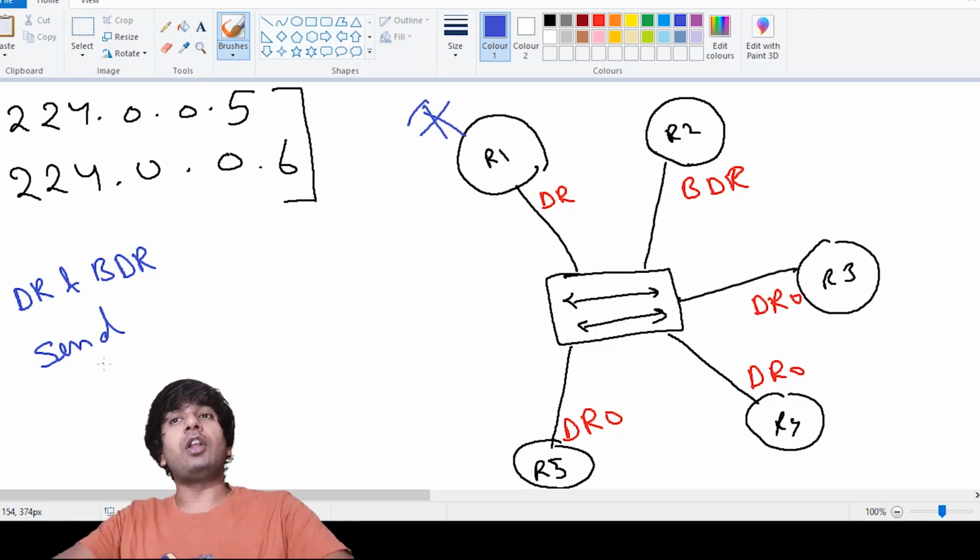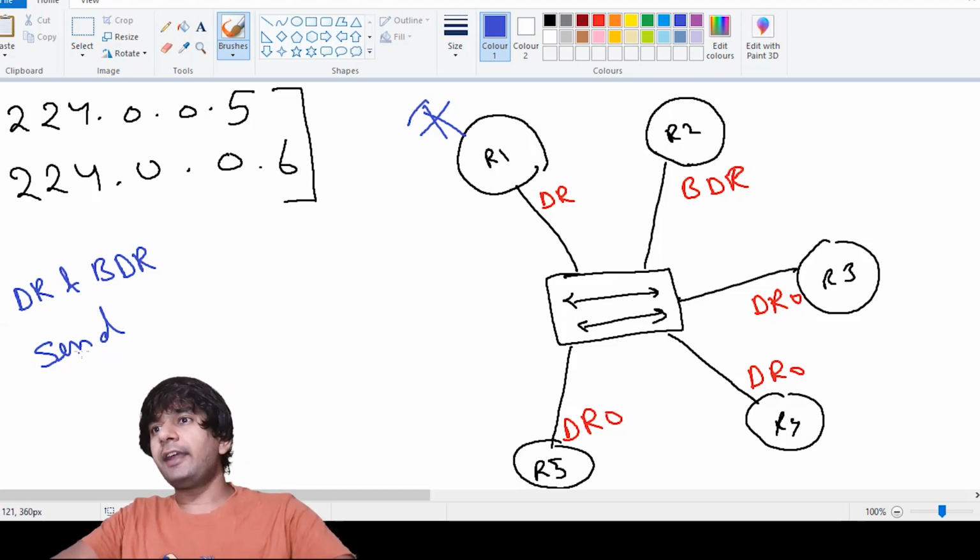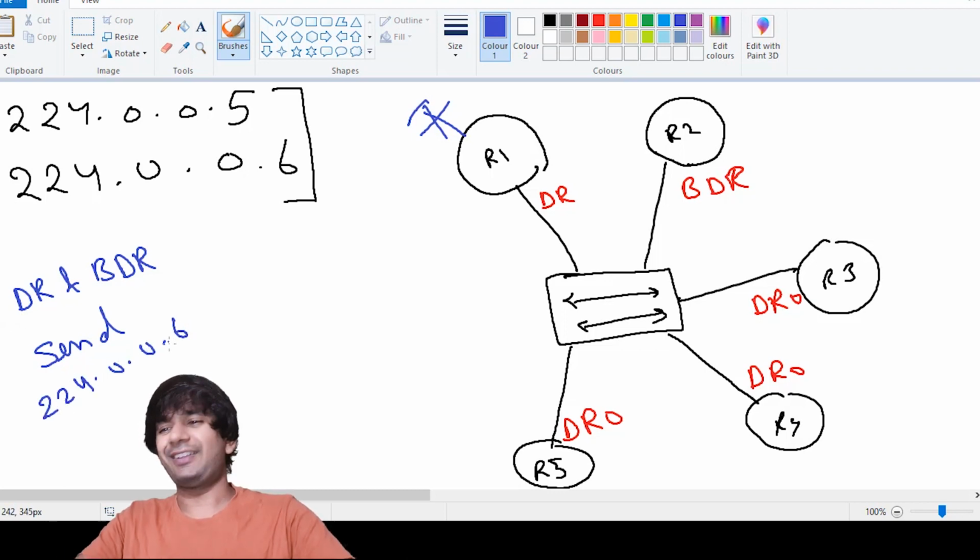Whether it is a BDR or DR, both will always send the routing update on 224.0.0.6, I'm sorry, .5. Okay, don't get confused.